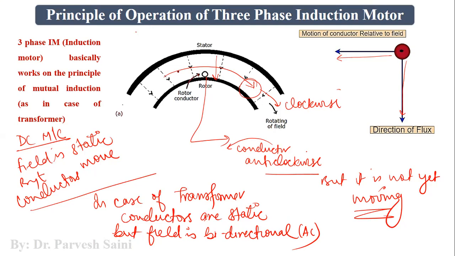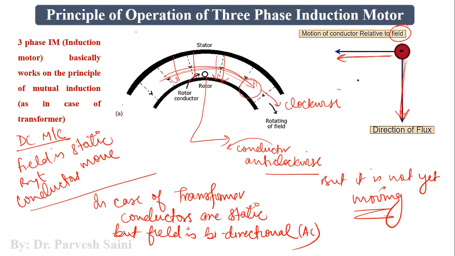Now, as soon as this magnetic field cuts the static conductor, the direction of its motion with respect to the field is anti-clockwise. This is the direction of magnetic flux. You can see here the direction of magnetic flux is like this.